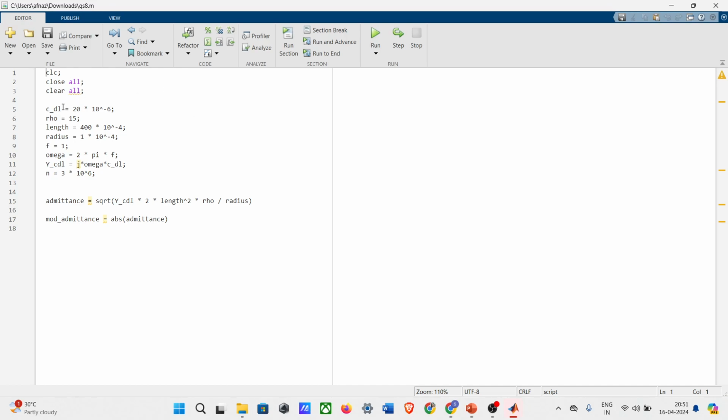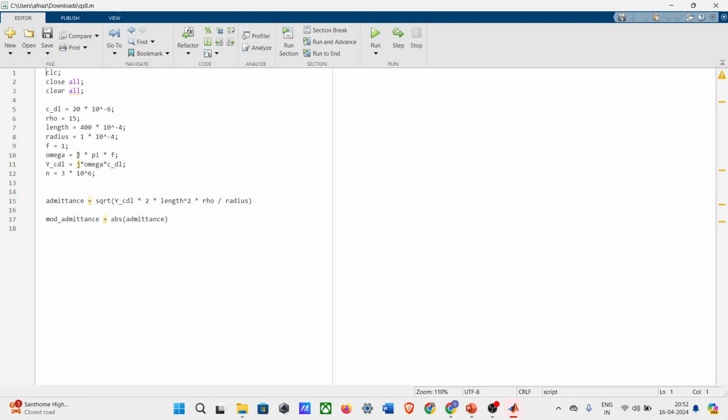Code in the sense I'm just typing it normally. I'm assigning values like CDL is 20 into 10 to the power minus 6, rho equal to 15, length equal to 400 into 10 to the power minus 4 centimeter, radius equal to 1 into 10 to the power minus 4, and frequency is given as 1 Hertz. So you know omega is 2 into pi into F. Pi we can write as pi itself because MATLAB is able to read it as 3.14.